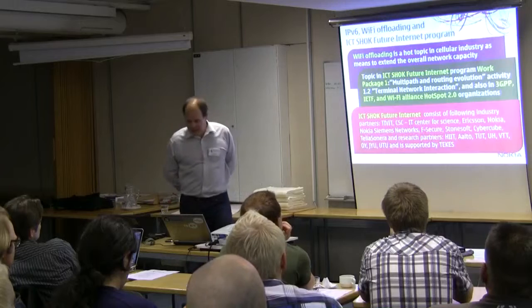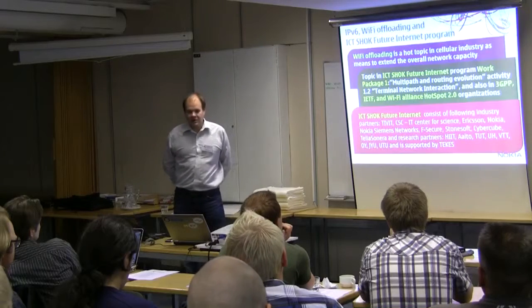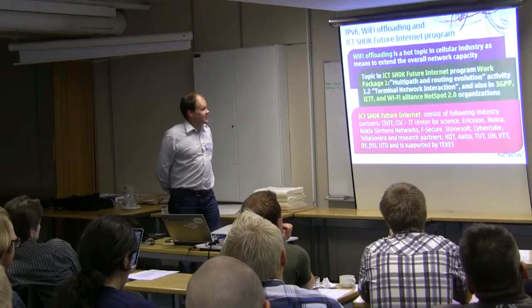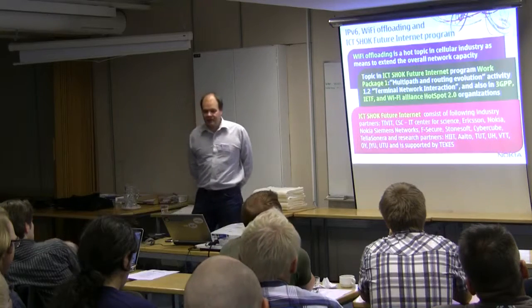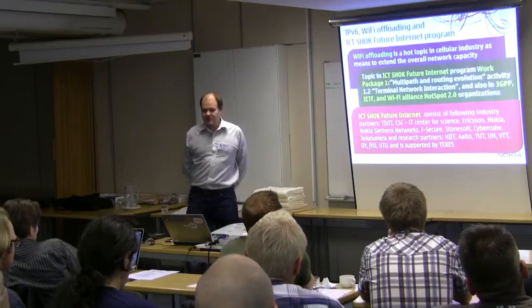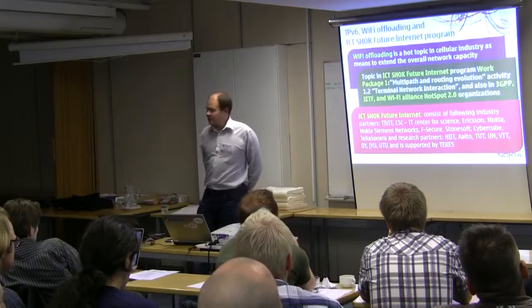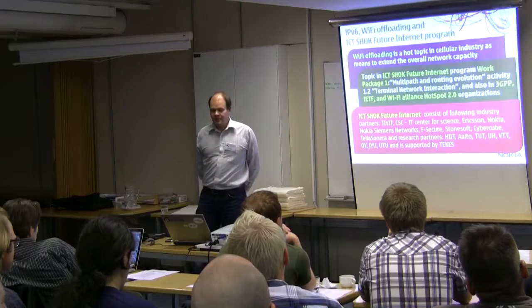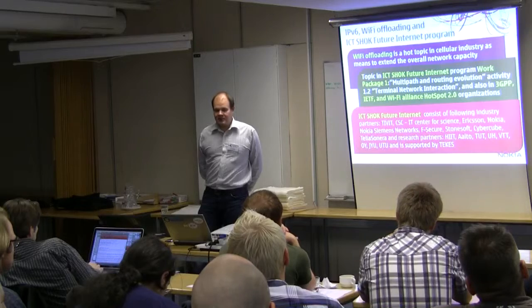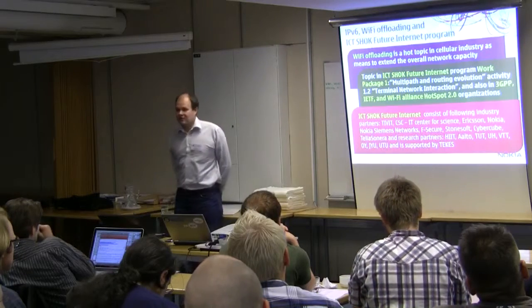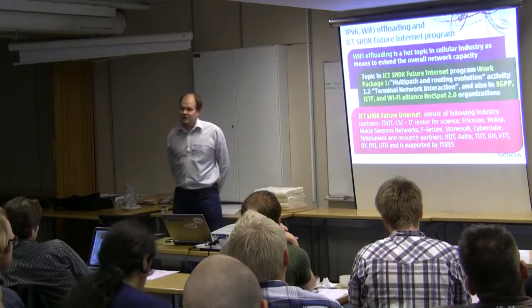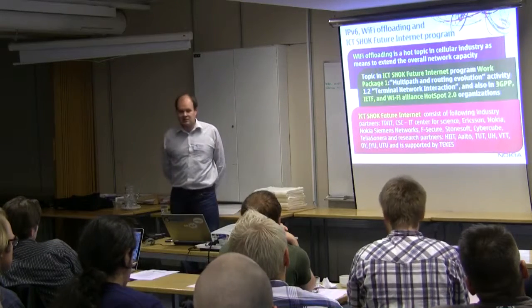Then I guess I'm running out of time, so I'll quickly comment that while V6 is good to go for productization, there is some interesting stuff being researched. What I'm mentioning here is Wi-Fi offloading and the ICT SHOK Future Internet Program, which is tackling the topic that the cellular industry is looking for means to extend overall network capacity, trying to offload traffic out of cellular networks to somewhere else.